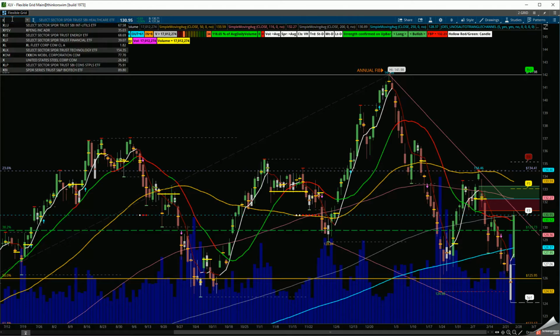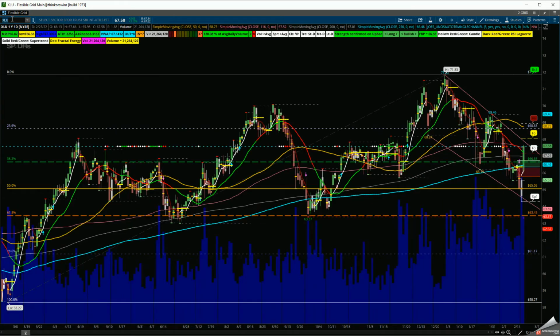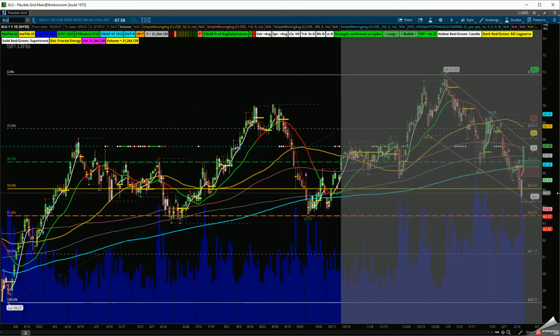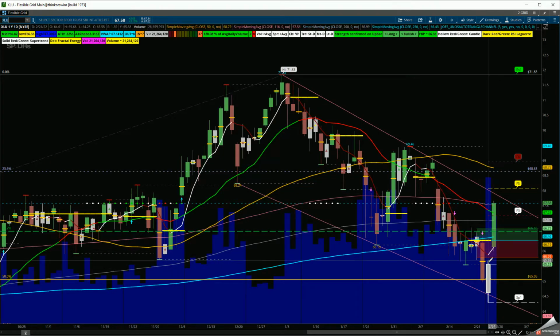Let's go take a look at one more ETF, and let's do XLU. This is something I wanted to do in the utility, international, as well as the overall sector. You can see that this engulfing candle, we had a lot of consolidation, down move, consolidate, fall down.